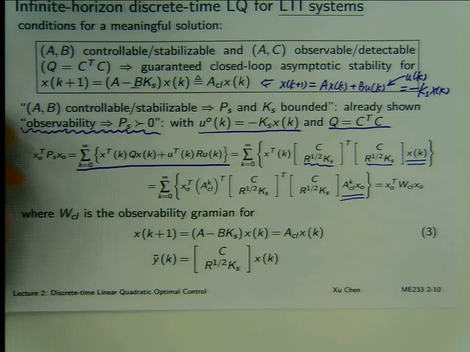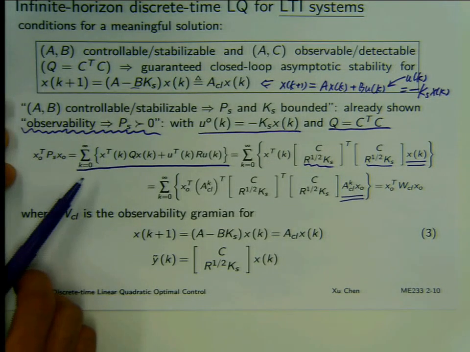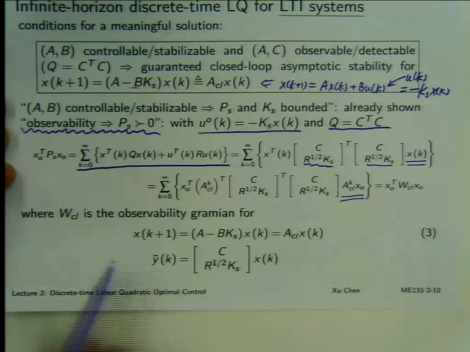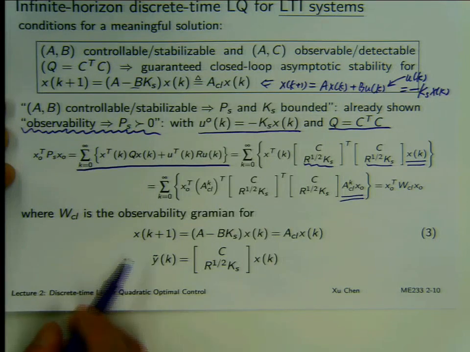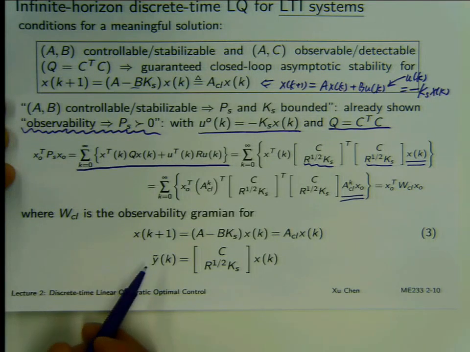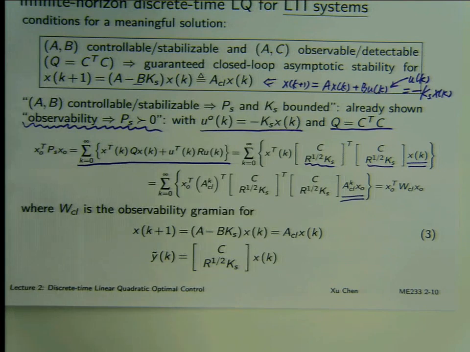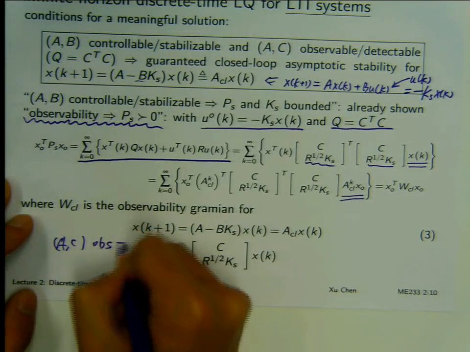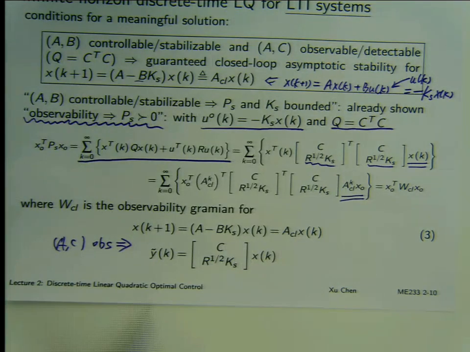So we have translated the performance index relating to the observability gramian of this new closed loop system. Okay? Now, if the original system is observable, what do you think this new system will be? Guess. If A, C is observable, have a guess. What will this one look like?